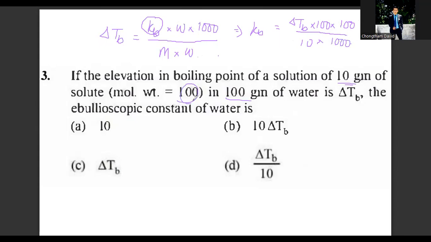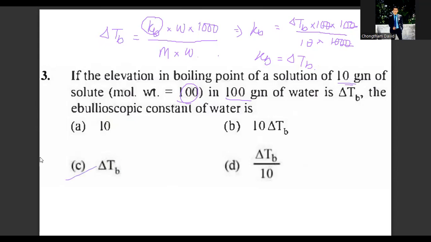Molecular weight is 100. So you can cancel this 100, and 10 gets cancelled. Kb equals delta Tb. So C is the answer for question number 3.